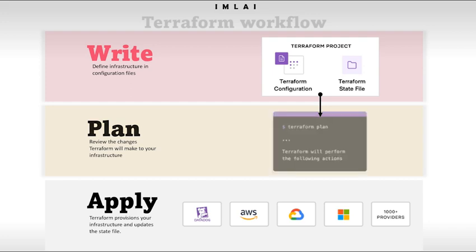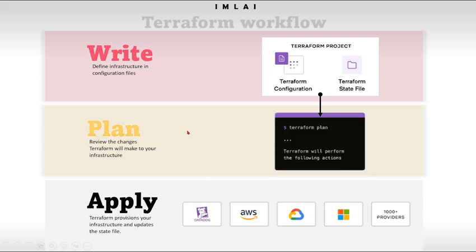So the second stage for us is plan. Terraform creates an execution plan describing the infrastructure it will create, update, or destroy based on the existing infrastructure and the configuration that you have written.